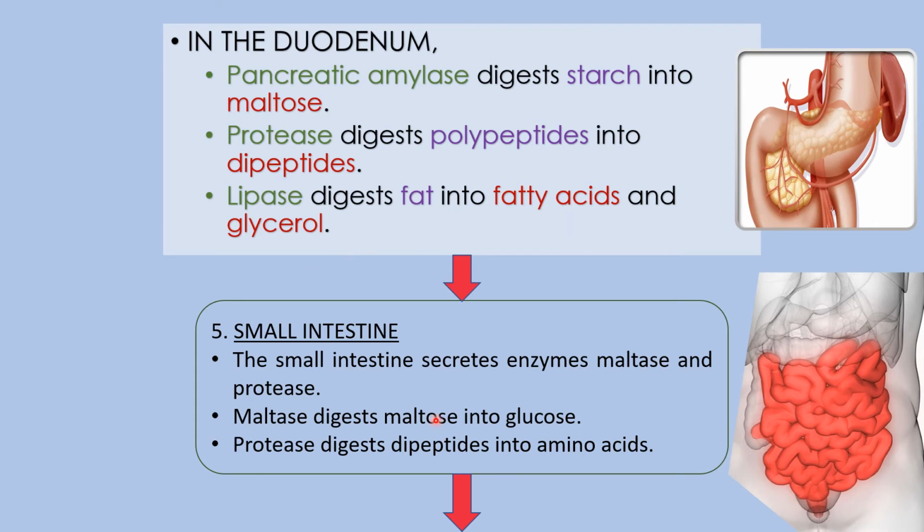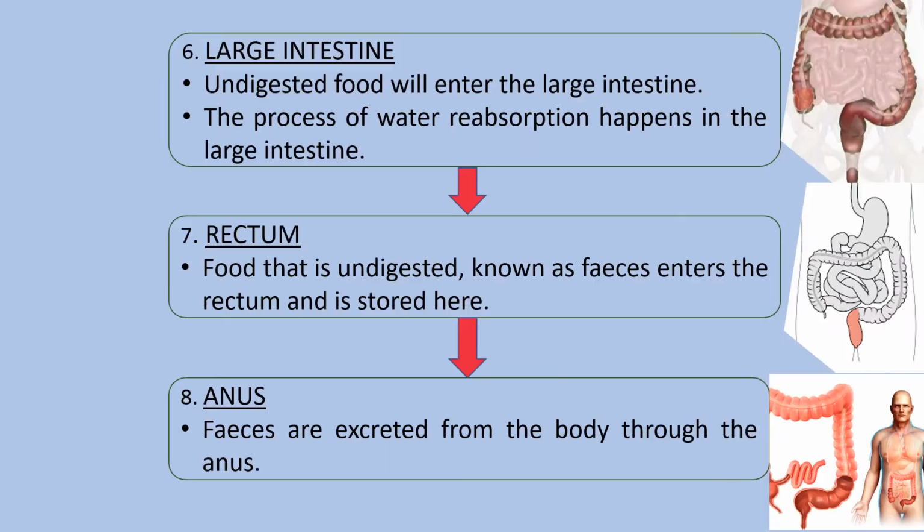Now in the small intestine, it secretes the enzymes maltase and protease. Maltase digests maltose into glucose, and protease digests dipeptides into amino acids. Undigested food, which means the food that we cannot digest, like fiber, will enter the large intestine.